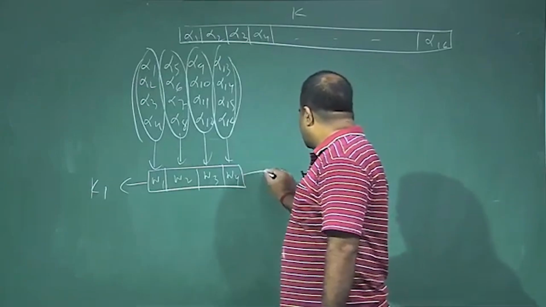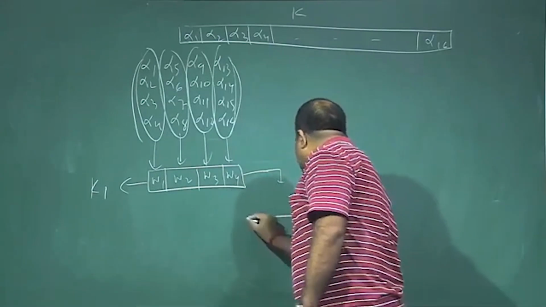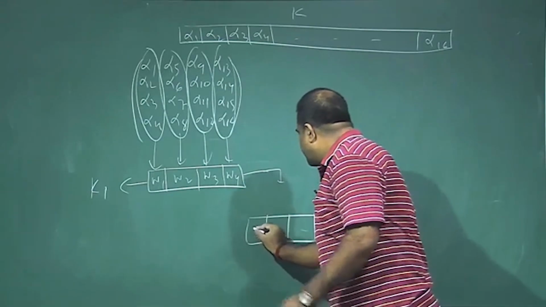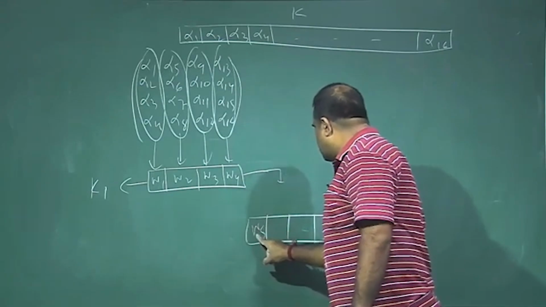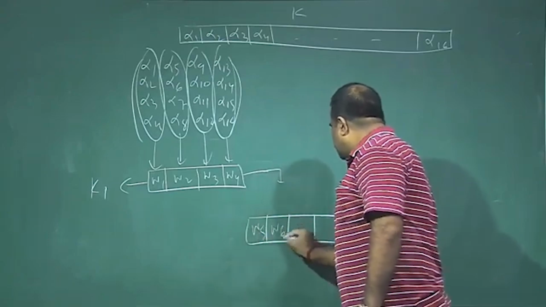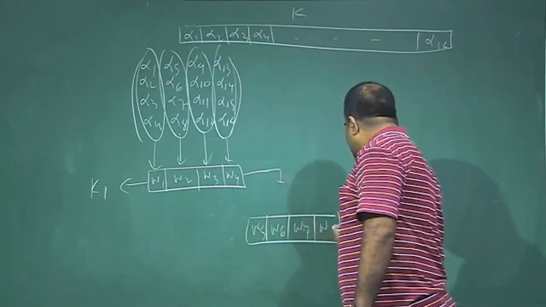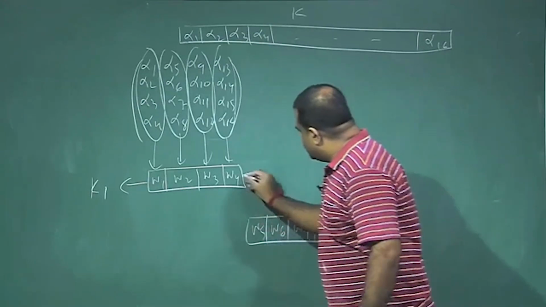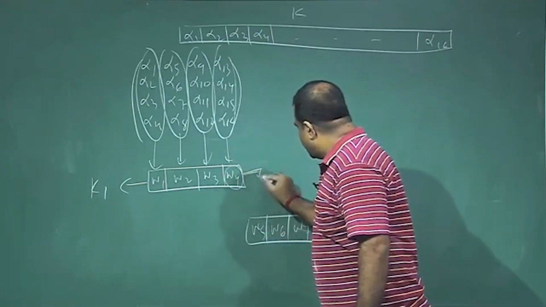To get K2, we have to get W5, W6, W7, W8. Okay. So, what we do? We take this W4 and we apply a G function.